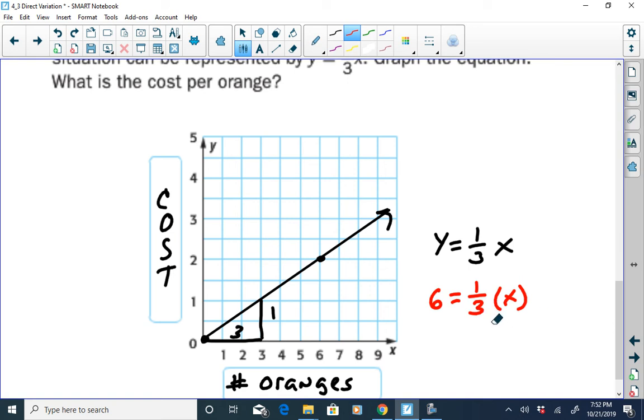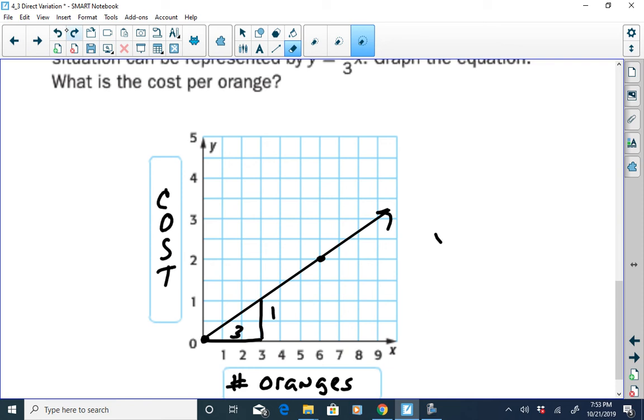If I'm solving that equation for x, we'd have to, I did that backwards. Let's undo that. Oops. Yeah, we'll redo that.